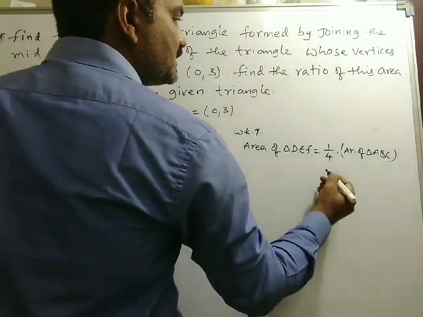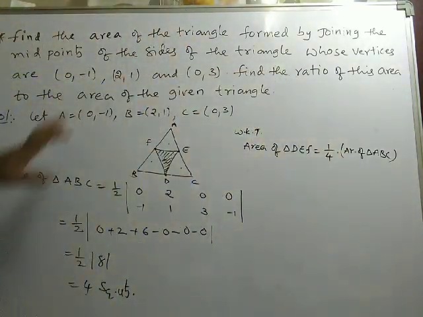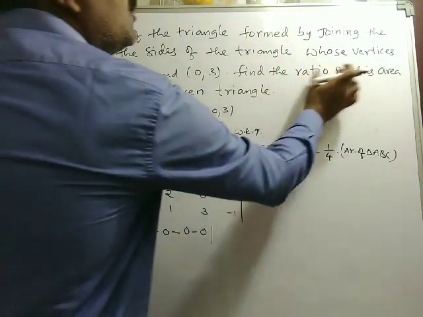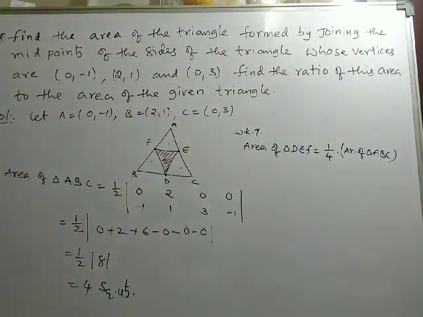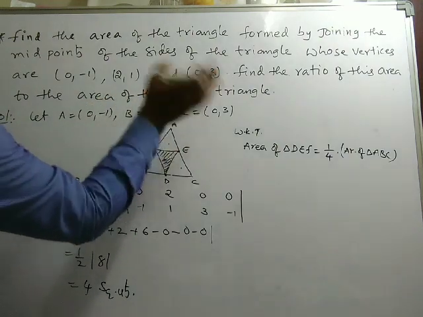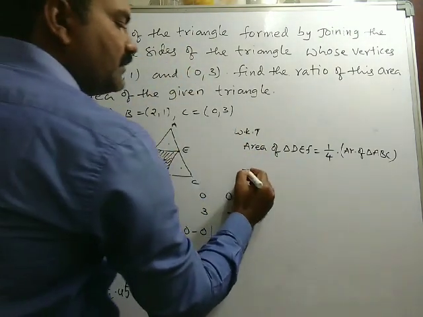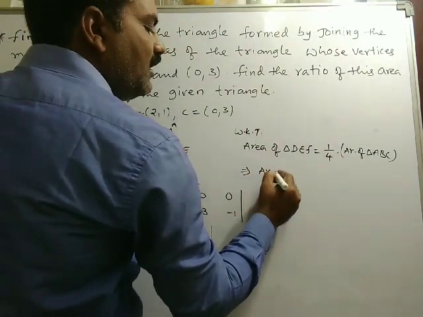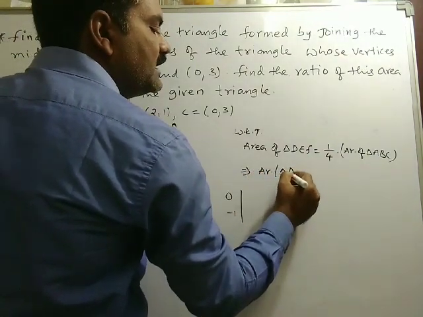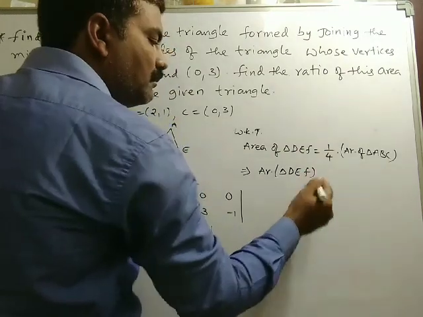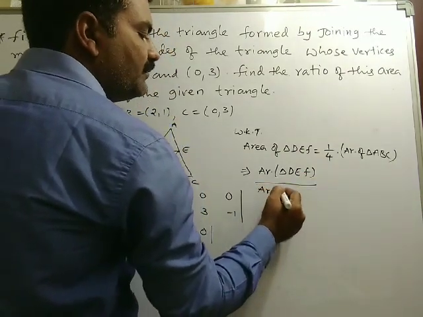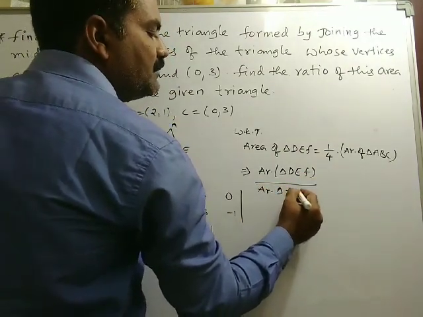What the question is asking is the ratio of this area to the area of the given triangle. This is the concept actually. So therefore, area of triangle DEF by area of triangle ABC.